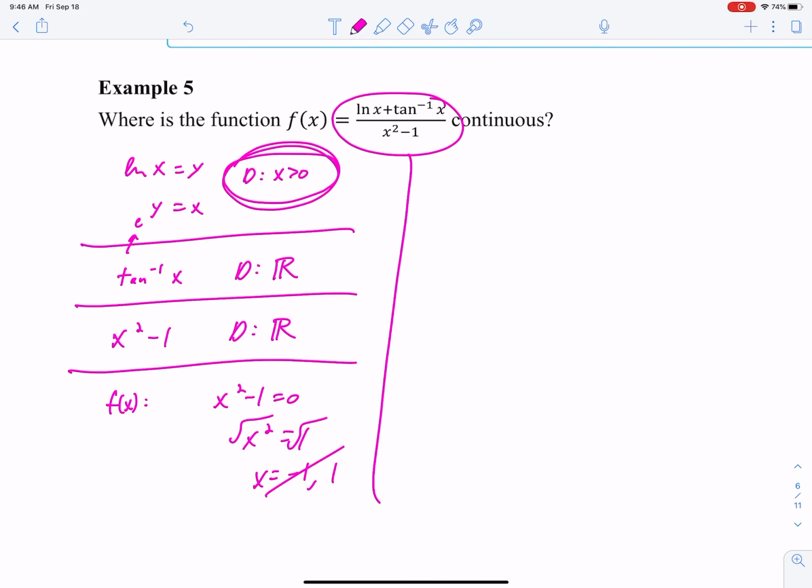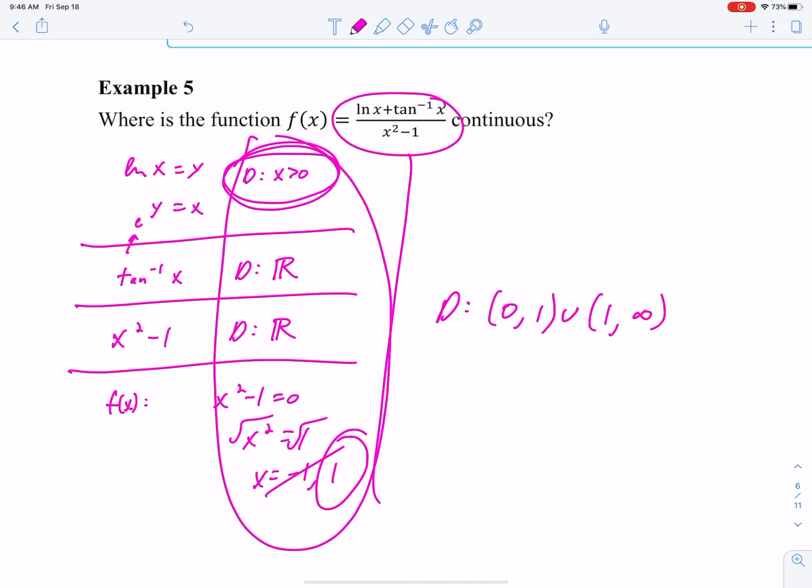So where all these domains overlap, x must be greater than 0, cannot be equal to positive 1, and cannot be equal to 0 either. So it's going to be from 0 to 1, union with 1 to infinity, because we put all these domains together. It's where they overlap.